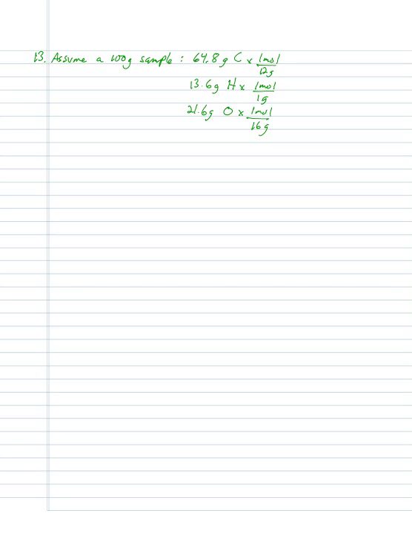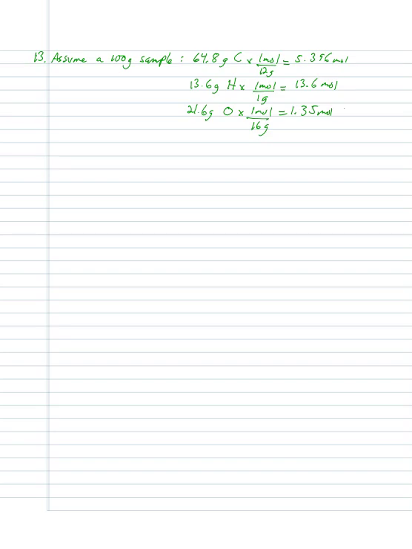So we end up with 5.396 moles of carbon, 13.6 moles of hydrogen, and 1.35 moles of oxygen.